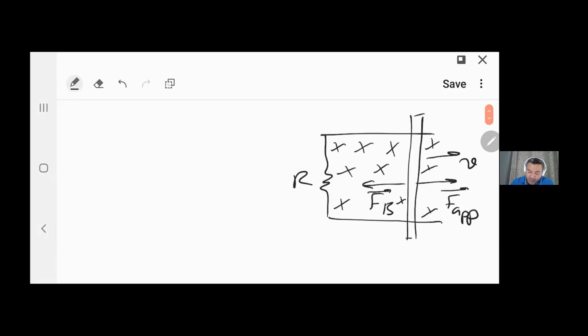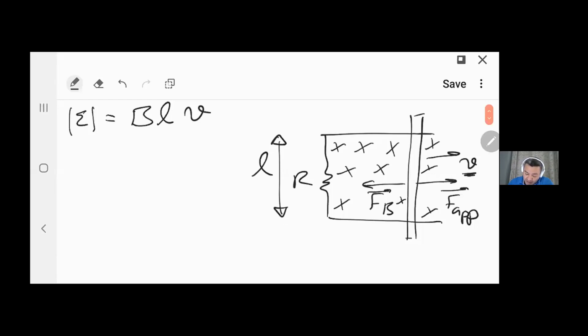So from what we have derived earlier, we can say that the electromotive force magnitude equals B W. My W here is this L, so B, L, and the speed is V, right?